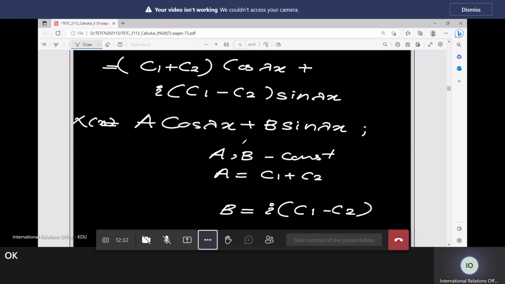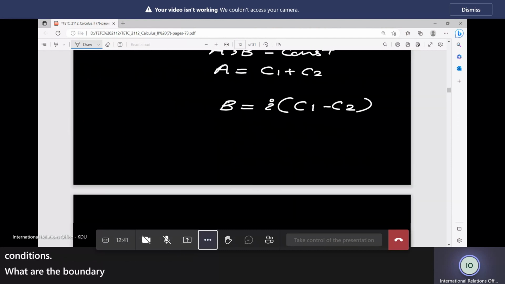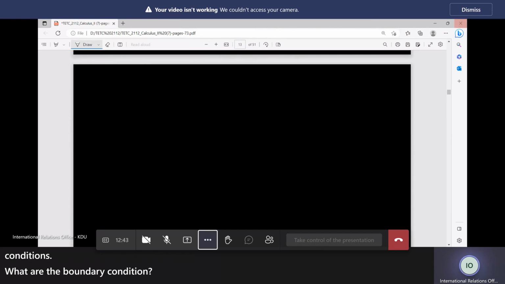Okay, now the next thing that we are going to do is consider the boundary conditions. What are the boundary conditions? The values of temperature at the two boundaries. So the values are 0.